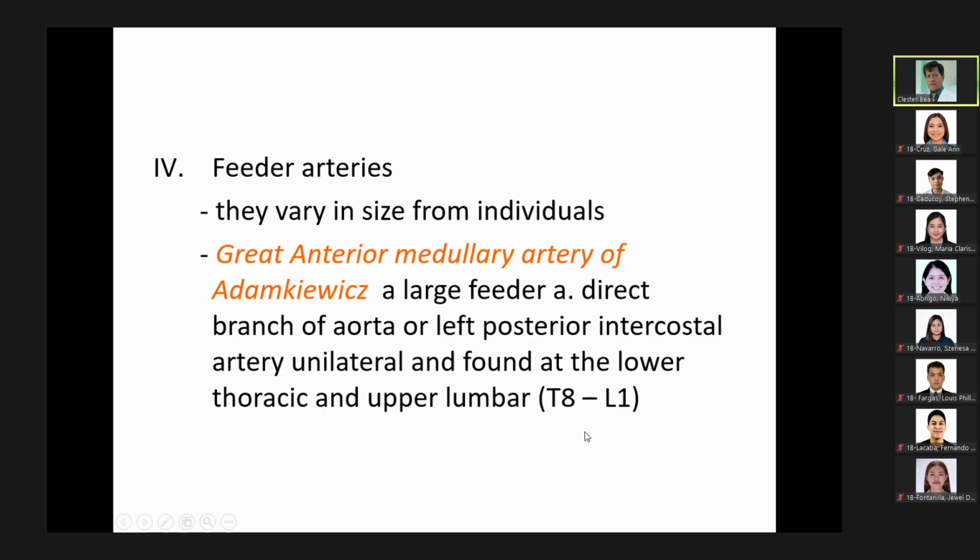Sometimes it will supply the distal segment of the spinal cord already. Adamkiewicz is a Polish pathologist who discovered this blood vessel. So you have your feeder vessels, you have your segmental arteries, and you have, of course, your spinal arteries to supply oxygen to the spinal cord.